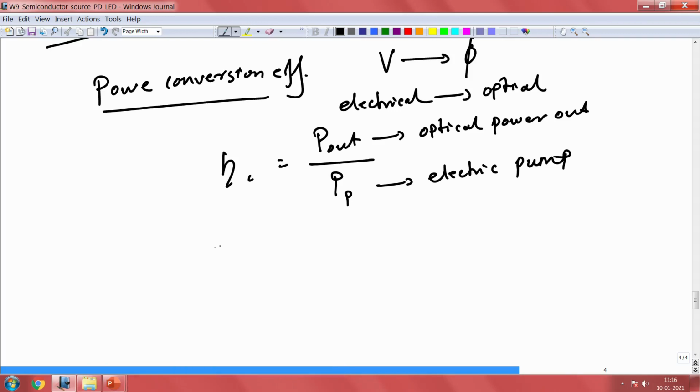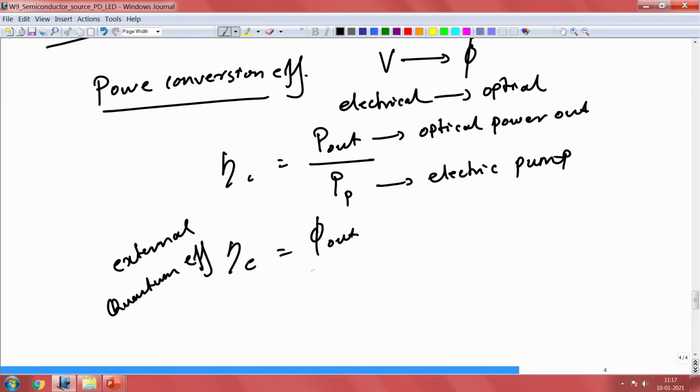So, our external quantum efficiency is given by the flux that is coming out divided by the pump flux. This is the external efficiency.